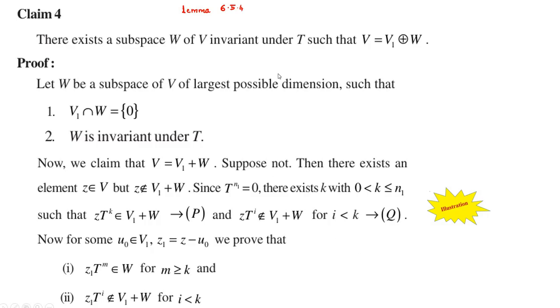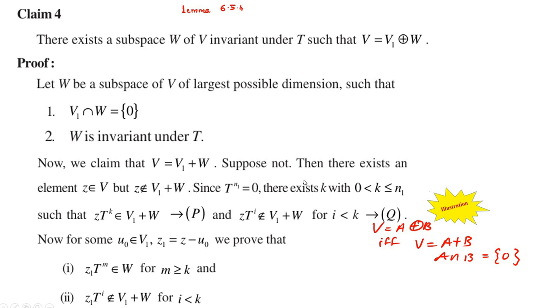Our aim is only to establish that V is the direct sum of A and B. We know that this is true if and only if V is equal to A plus B and A intersection B is singleton 0. This is established in UG itself. So if we have this, then everything will be fine.